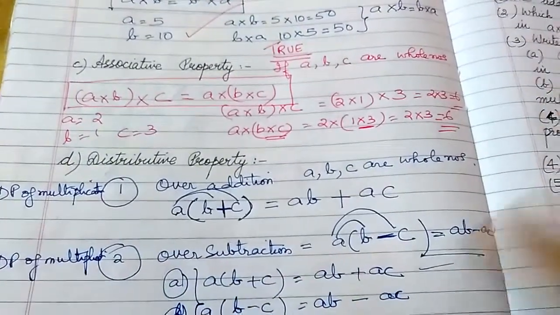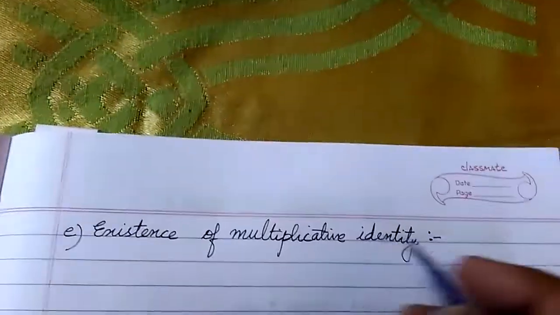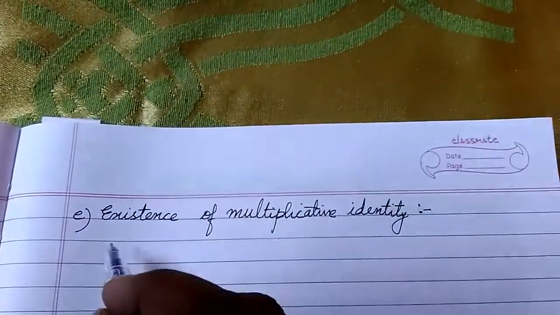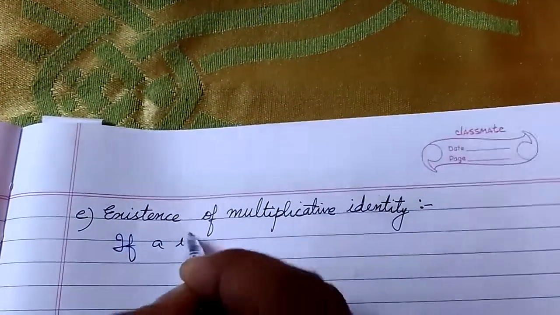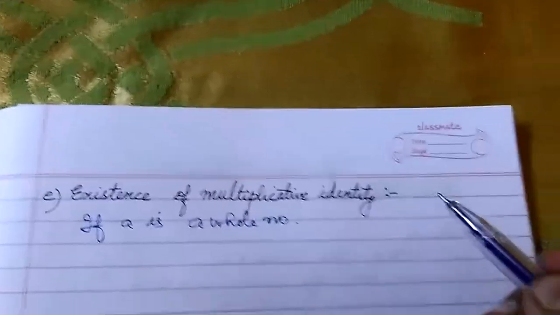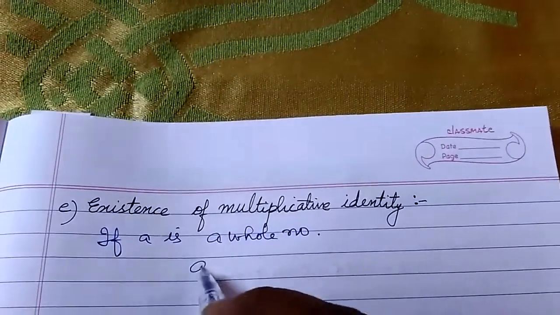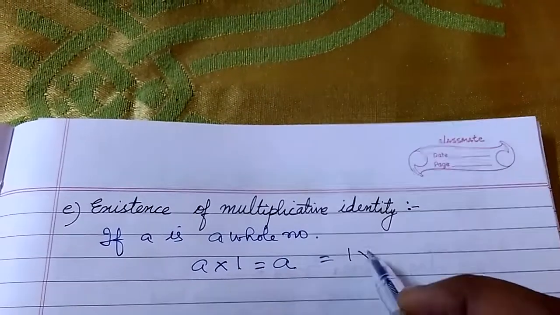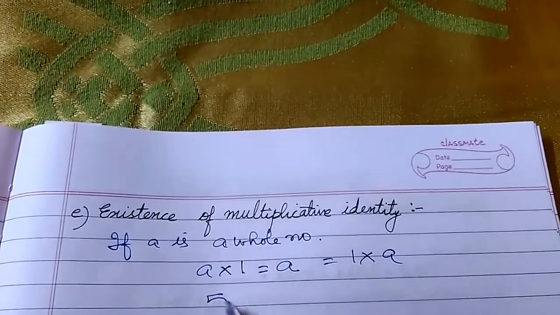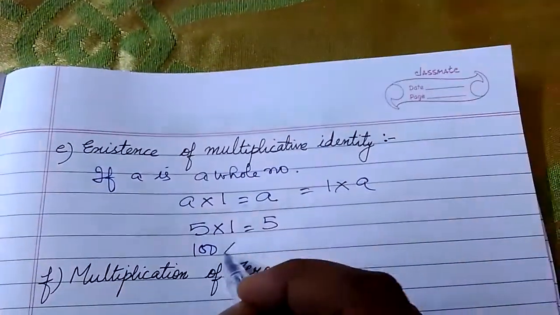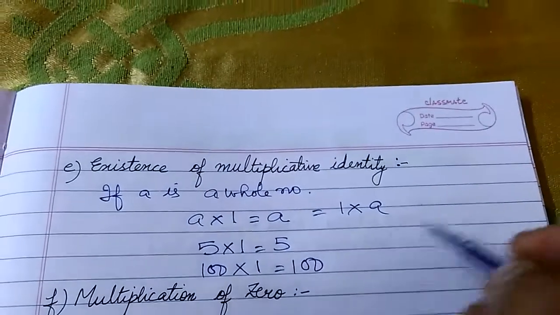Understood? So next is the existence of multiplicative identity. What is the additive identity? The additive identity is 0. Here, if a is a whole number, a into 1 is equal to a, which is the same as 1 into a. Like 5 into 1, what is it? 5. 100 is a whole number; 100 into 1 is 100, the number itself.